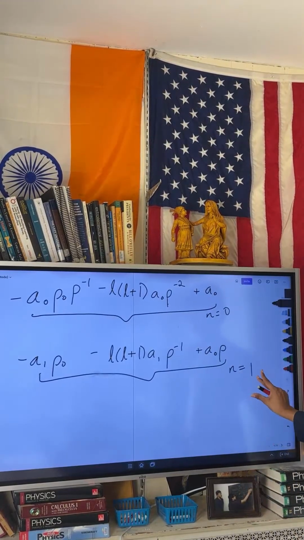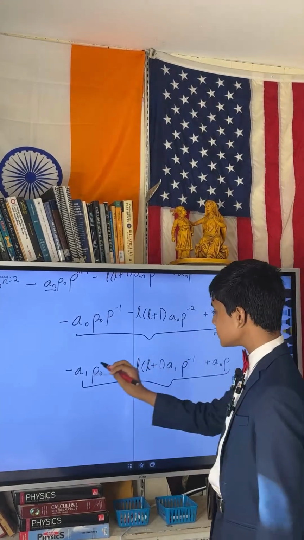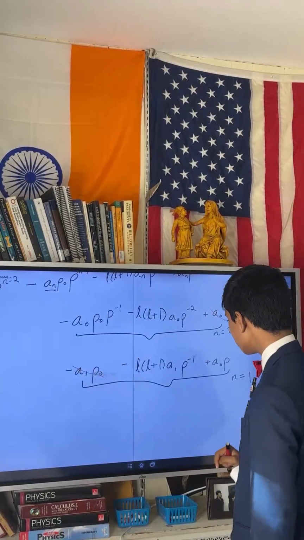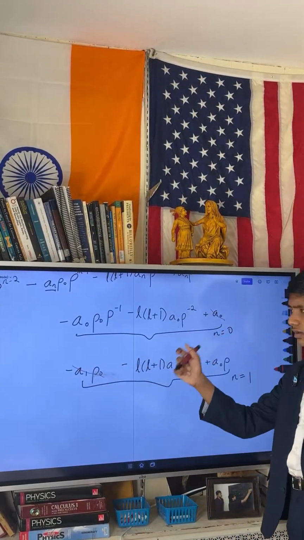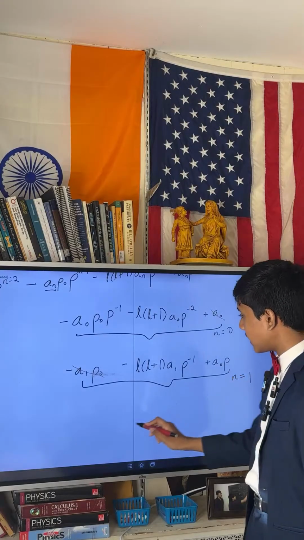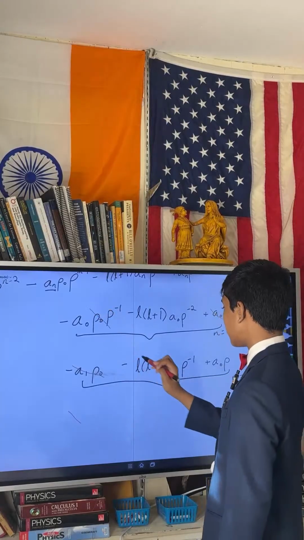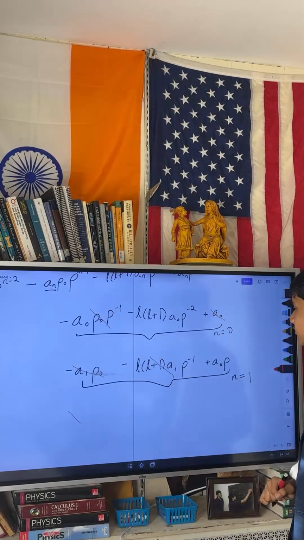Now, you can see that this can cancel out this, so these two have to be equal. Well, the negative of this has to be equal to this. This will get canceled out by the first term over here. This can get canceled out by this, so their coefficients have to be equal.